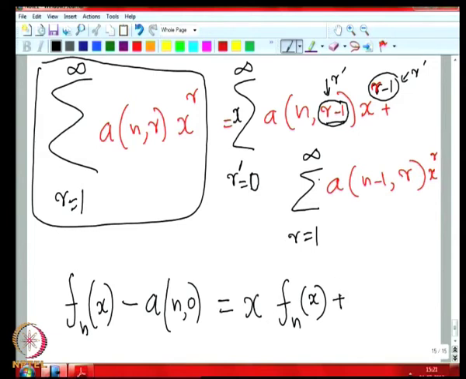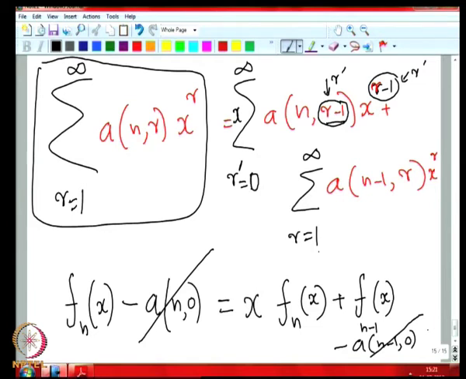And what about this term? This term is just the sum over r equal to 1 to infinity of a(n minus 1, r) x raised to r, and if you had summed from r equal to 0 to infinity, this would have become just f n minus 1 of x, right, and minus a(n minus 1, 0), because the first term should be subtracted. But a(n, 0) is 1, a(n minus 1, 0) is also 1, right.